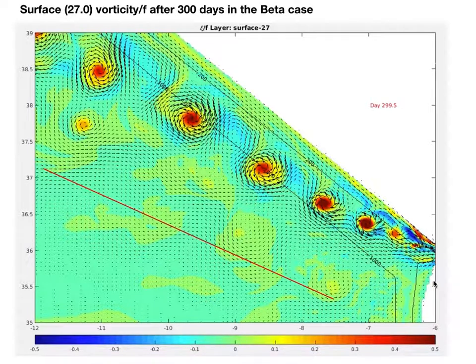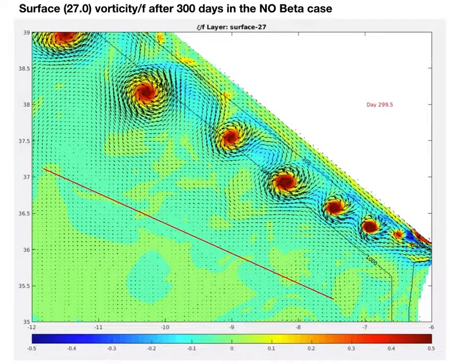So they tend to propagate along the margin, and also slowly drift offshore, clearly also in the no planetary beta case.